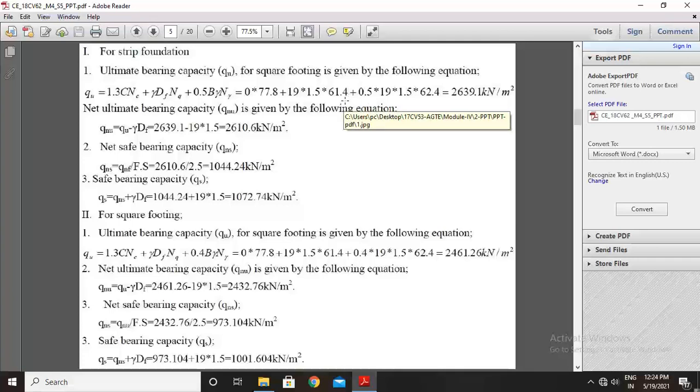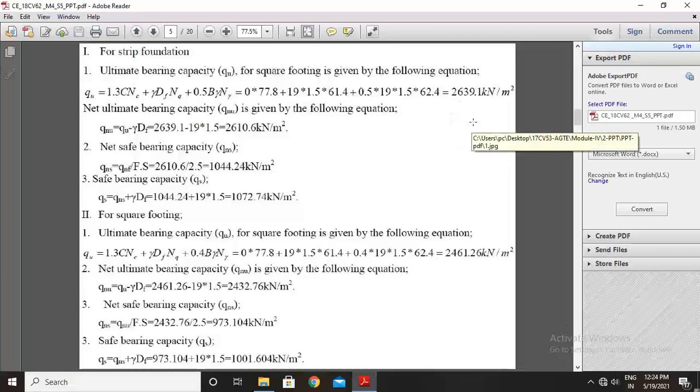So this value you interpolate from the tables, plus 0.5 times B is 1.5 and gamma is 19 and N gamma is 62.4. So these values are obtained from the table. After solving these equations, we are getting ultimate bearing capacity 2639.1 kilonewton per meter square. This is the ultimate bearing capacity.